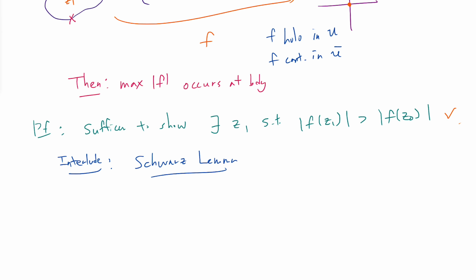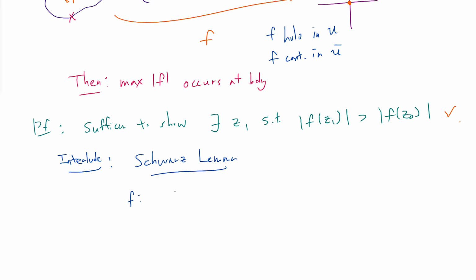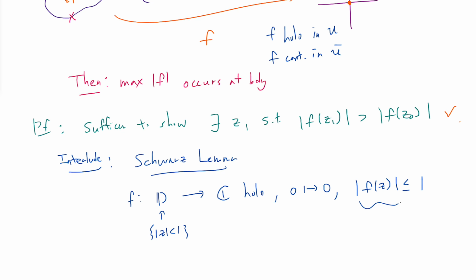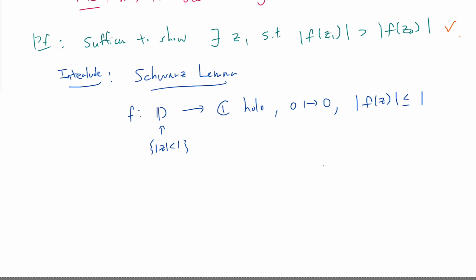Schwarz lemma says the following: if I have a holomorphic map from the open disk, so this is all |z| less than 1, the open unit disk, to the complex plane, and I'm going to assume 0 gets sent to 0, and I'm also going to assume that the absolute value of f of z is always less than or equal to 1. Given these assumptions, there are a few things to conclude, but let's think about what can be concluded.